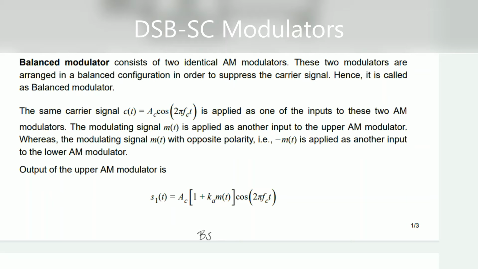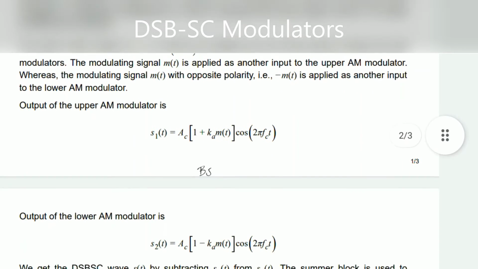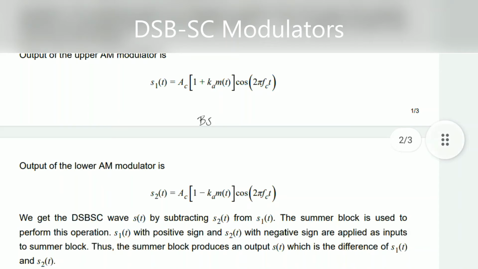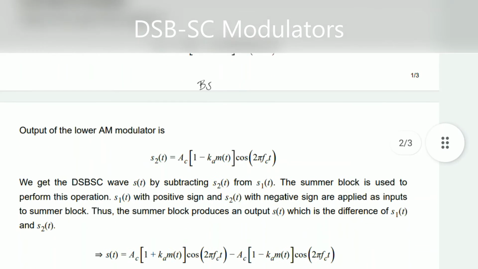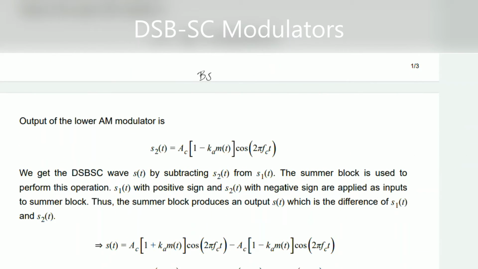So s1 of t is Ac into 1 plus Ka m of t into cos 2 pi fc t, and the output of the lower AM modulator is s2 of t equal to Ac into 1 minus Ka m of t into cos 2 pi fc t. So here s1 of t and s2 of t are added through a summer block.